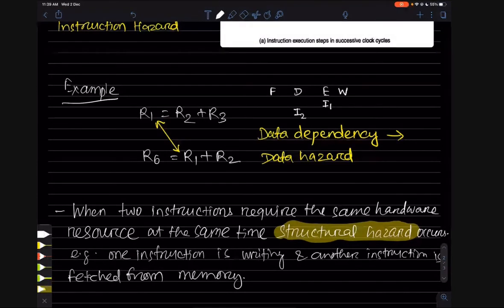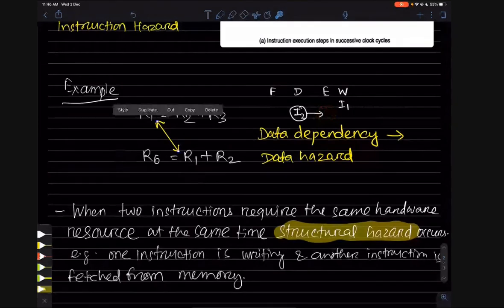In the next clock cycle, I1 will be in the write phase, but I2 cannot go to the execution phase because R1 is not available. It will wait for the first instruction to complete and write the result to R1. Then only I2 can come to the execution phase. Due to that there will be a bubble in this case.